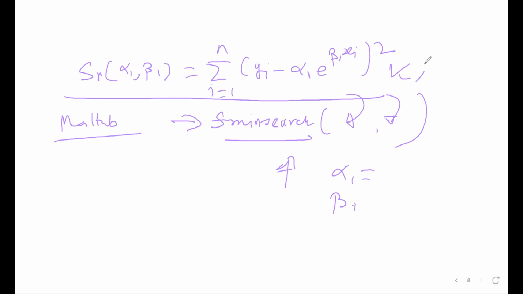But another useful thing is that, instead of going to that complexity, you can make a change of variable so that your equation resembles a linear fit. Like y equal to alpha 1 e to the power beta 1 x.